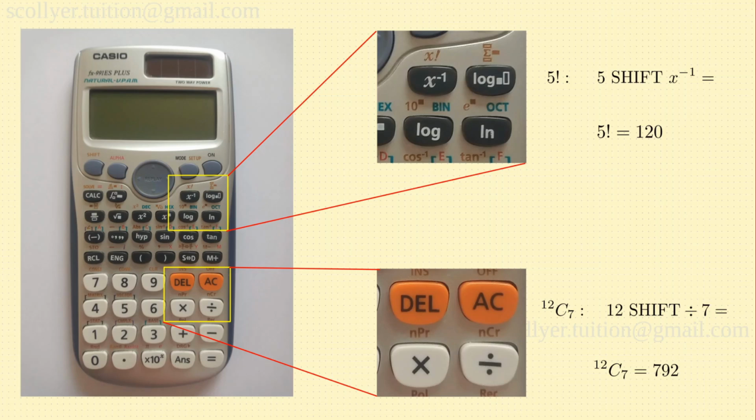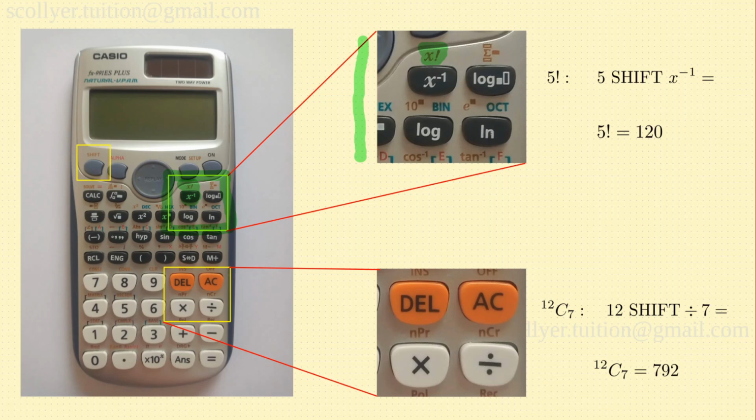Now, although I've given a formula for nCr and n factorial, in reality you rarely use them because the modern electronic calculator can compute them for you. Here I've shown a picture of a particular Casio calculator, and the factorial function is available above the x to the minus 1 button, which I've shown in this yellow box at the top, and here in expanded form we have x factorial above the x to the minus 1 button.